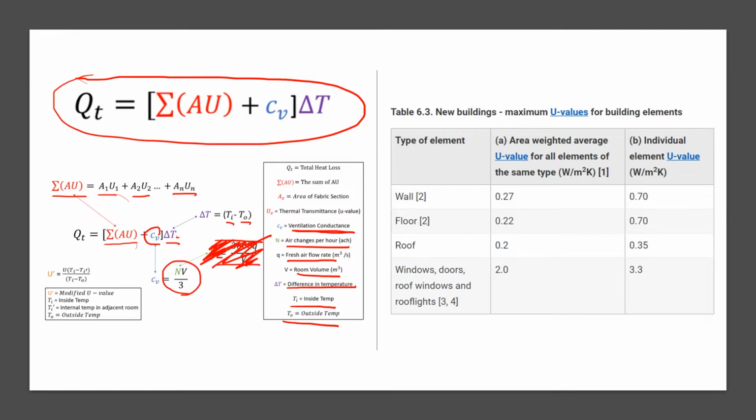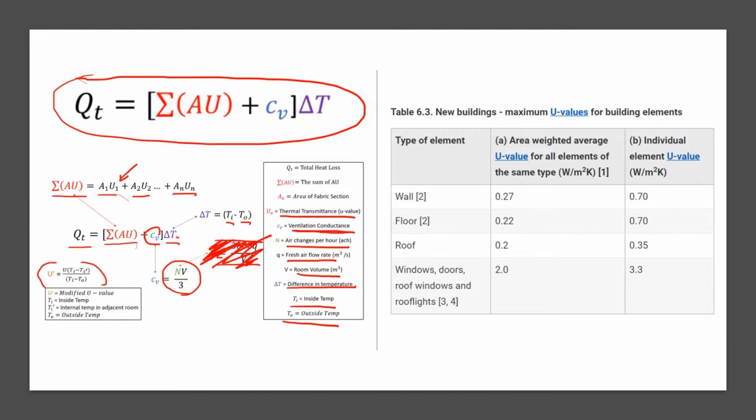So there we go. What we're going to do is break down this QT formula into nice wee easy chunks. You might have noticed there's this other guy hiding here. That's our modified U value. So our U value, which features in the sum of AU, is our thermal transmittance, or basically how well that fabric conducts heat. The higher the value for that, the faster we're going to lose heat through that fabric.